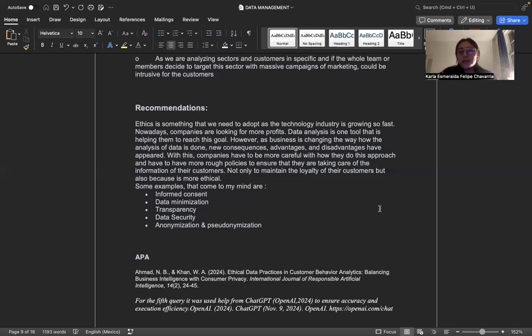And the last one, which I was very surprised by and would like to put more into practice or look for more, is anonymization and pseudonymization, which, as I understood, is related to putting synonyms or replacing the data with other concepts or other names.